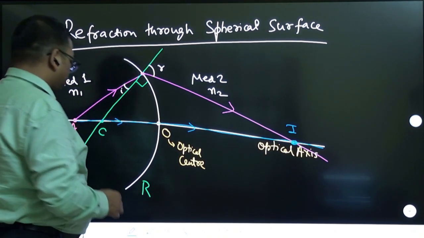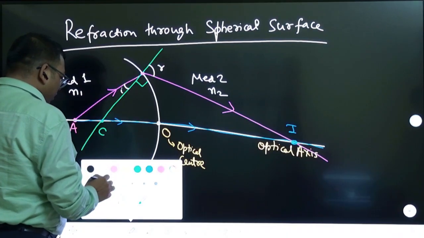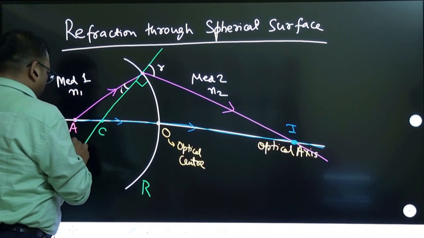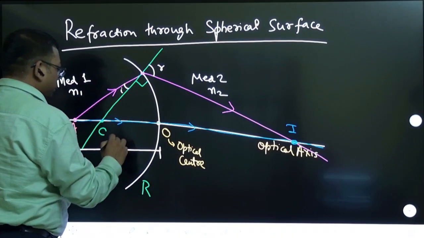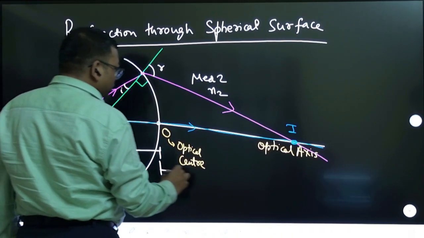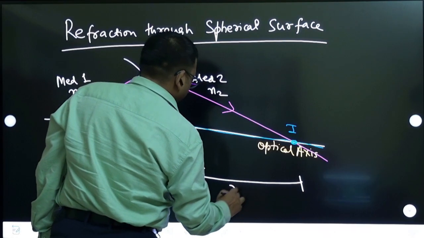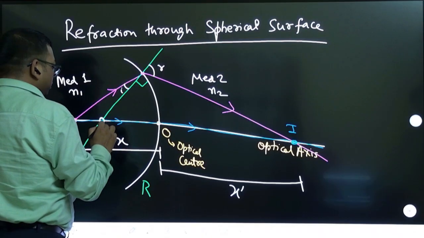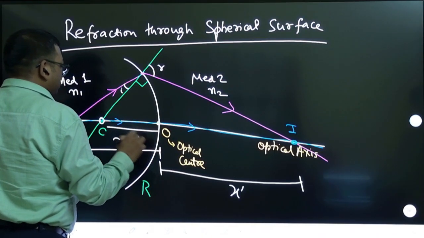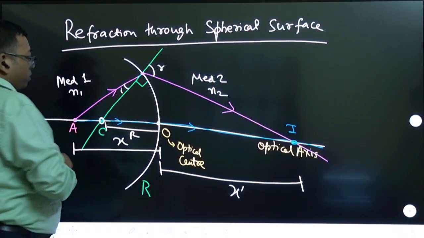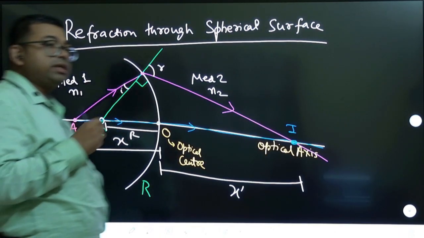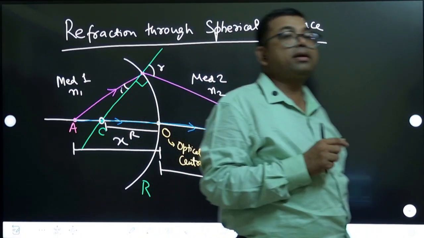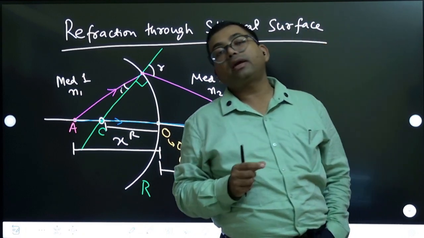This is the object. Let us consider the distance of the object as x and the image distance from the optical center as x dash. And this is the center C, so this distance is the radius r. We want to establish a formula. Remember, there is always confusion about sign.